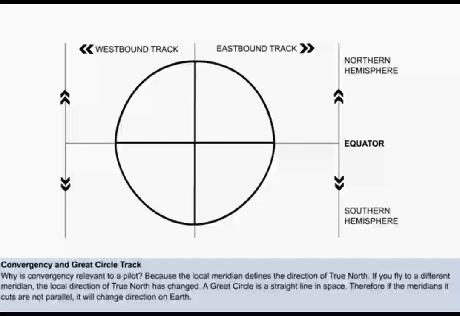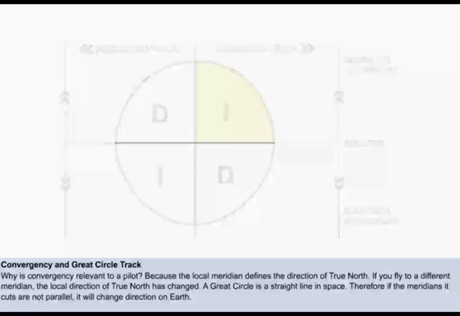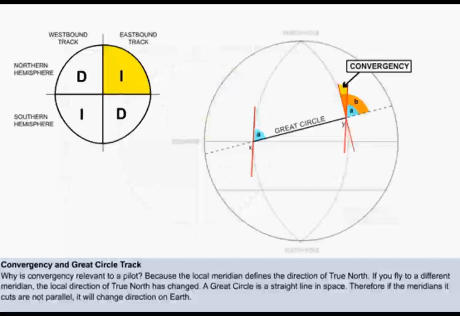Then we added the letters DIID to represent the words decrease, increase, increase, decrease. To show that if, for instance, we have an eastbound track in the northern hemisphere, the great circle track angle will increase. Just as it did in this example, it increased from track angle A to track angle B.